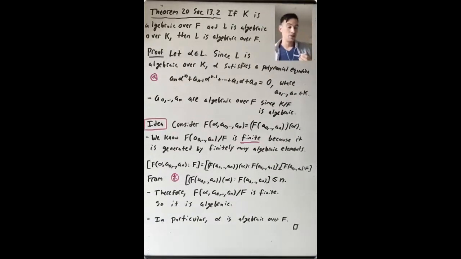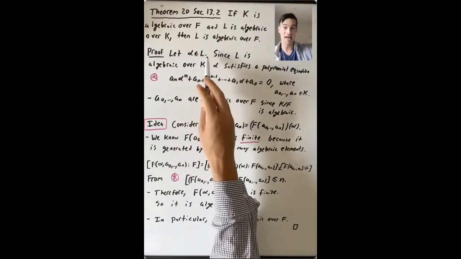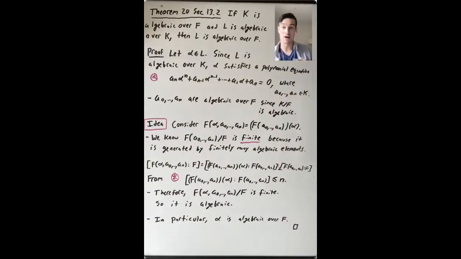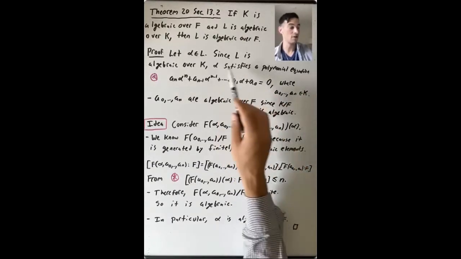Okay, so what do we need to do? We need to take any element alpha in this big field L and show that it's algebraic over F. And I like this argument a lot because it uses some of the pieces we've been developing. What do we know about alpha? Well, we know that L is algebraic over K. So every element in L is algebraic over K, so it satisfies some polynomial with coefficients in K. So let's write down that polynomial for this element alpha.